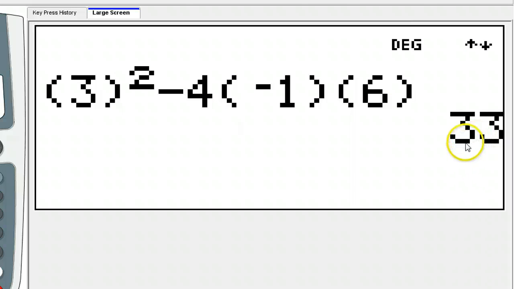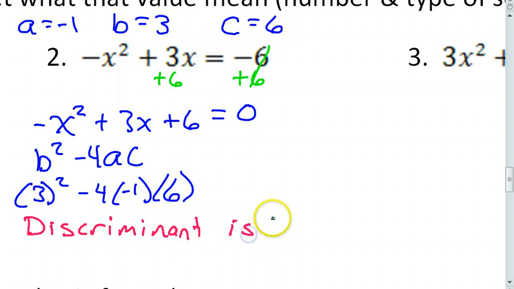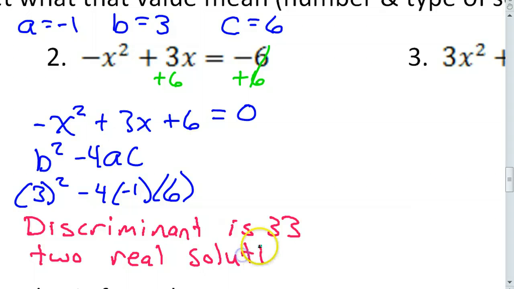That is 33, so the discriminant is 33. That means there will be 2 real solutions, because any positive number for the discriminant means that we will have 2 real solutions.